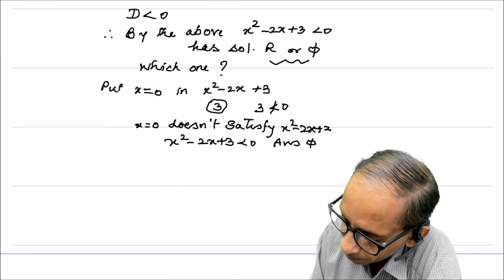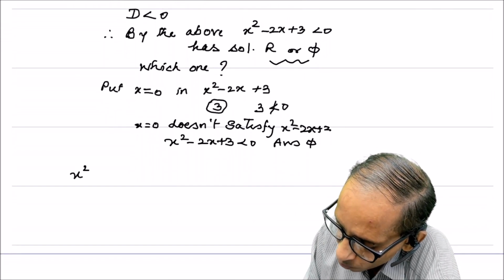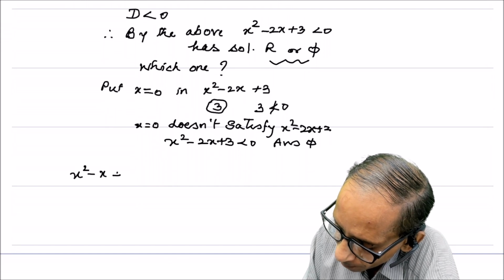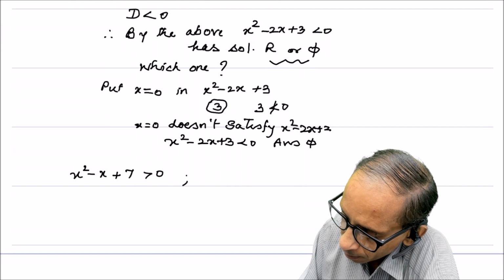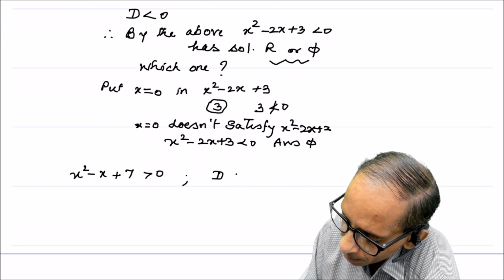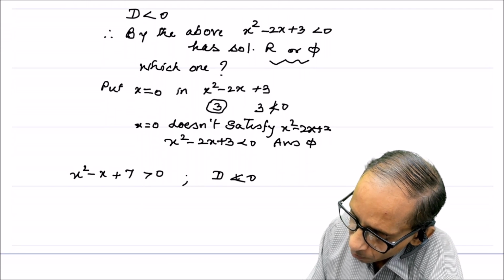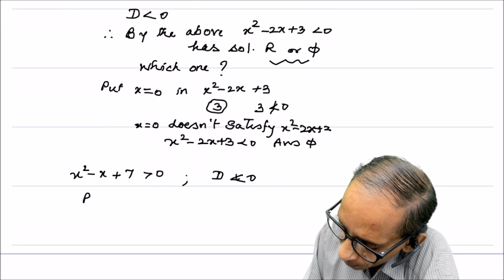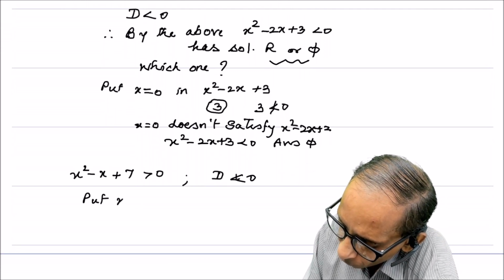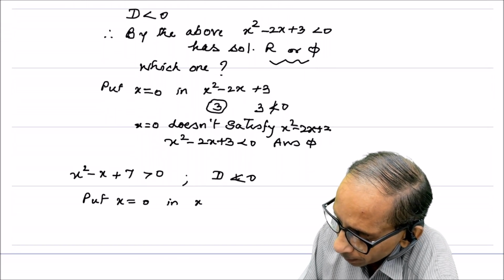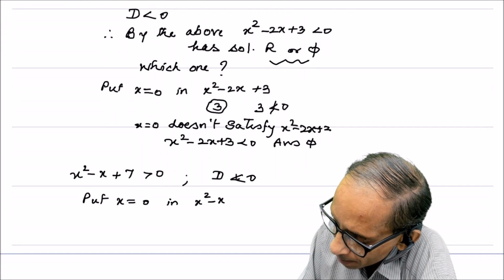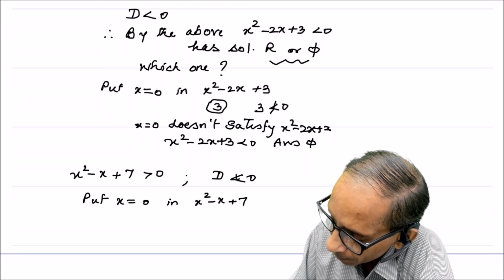But if you are taking up the case x square minus x plus 7 greater than 0, again, d was negative for us. So put one value of x, say x equal to 0, in x square minus x plus 7.